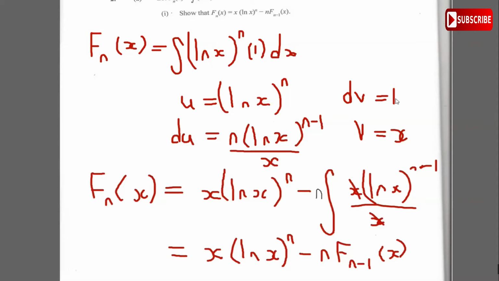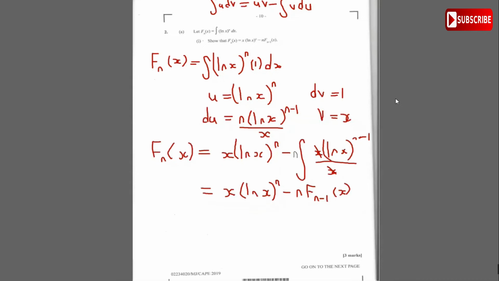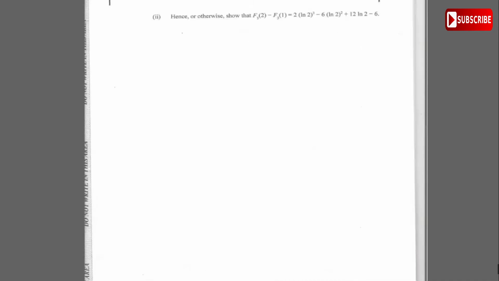Very easy. All right, nice. So let's go ahead now. It says, hence or otherwise show that f3(2) minus f3(1) is this. Now to do this proof, it says hence, meaning we're going to utilize this knowledge.